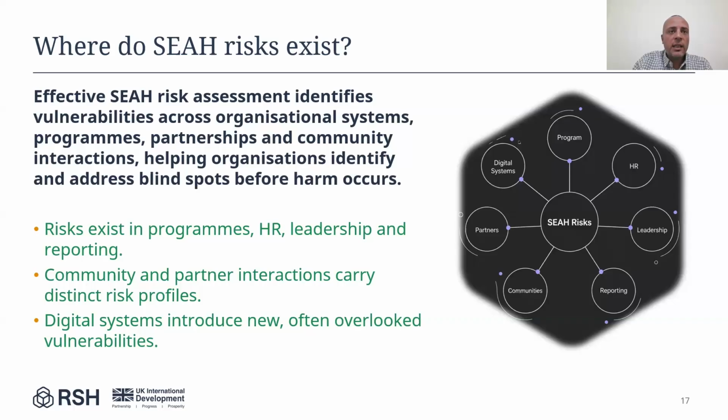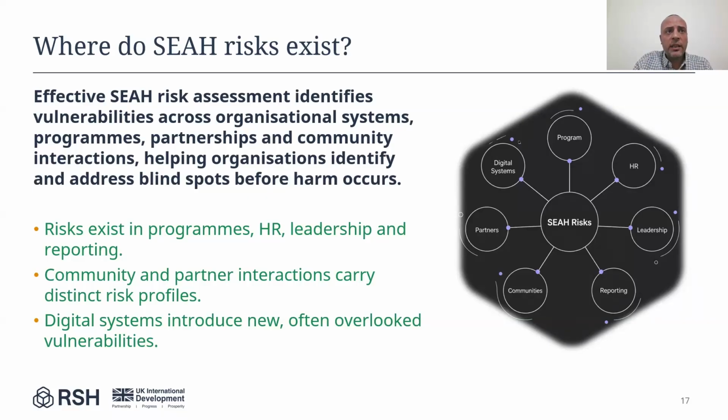Actually, risks may emerge through HR, for example during recruitment, or in leadership decisions, reporting mechanisms, communication practices, partnerships, and digital platforms. Looking at safeguarding holistically helps organizations identify blind spots and strengthen prevention across all departments, units, and functions. This is exactly how the RSH risk assessment tool is designed.